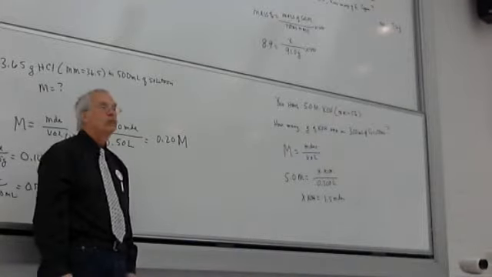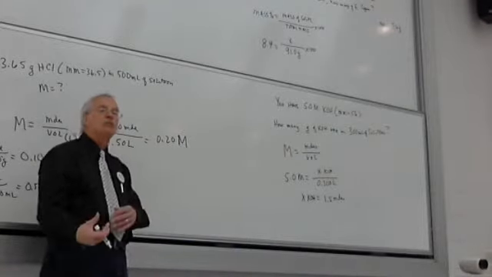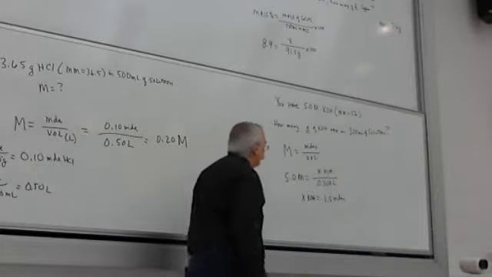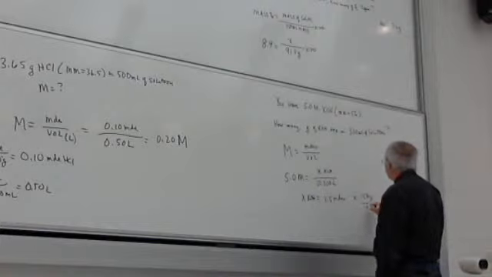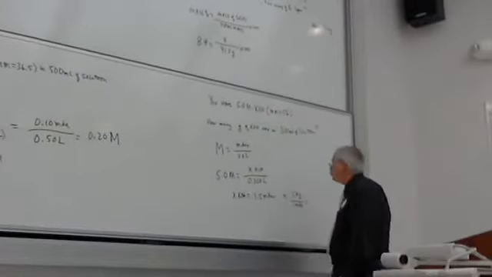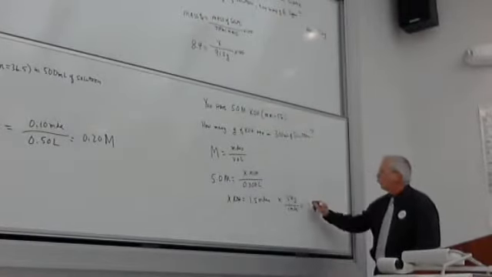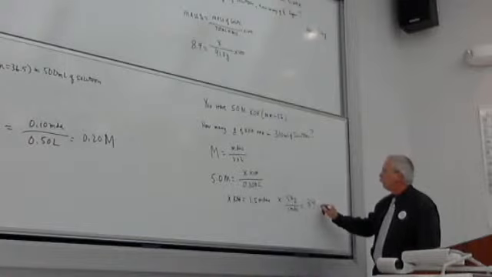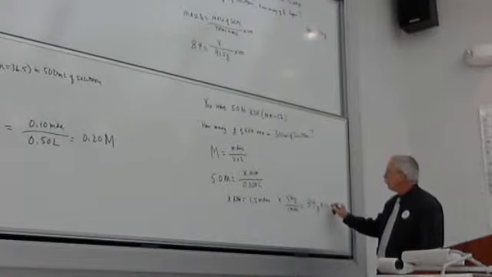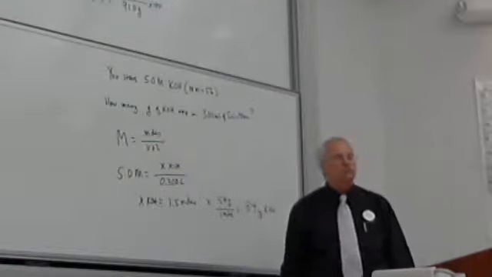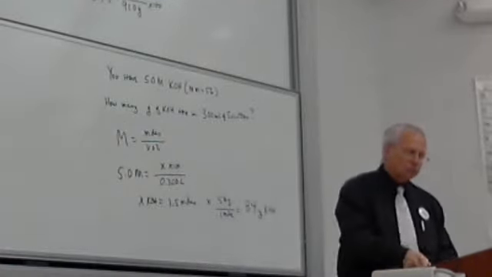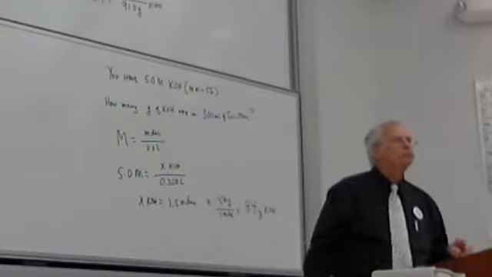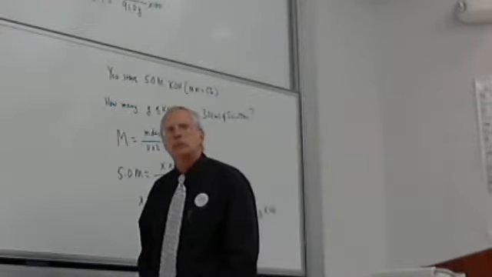Can I change moles to grams? Yes. I would multiply by the molecular mass, which is 56 grams per 1 mole, and I think that gives you 84 grams of the KOH. Okay? Piece of cake?